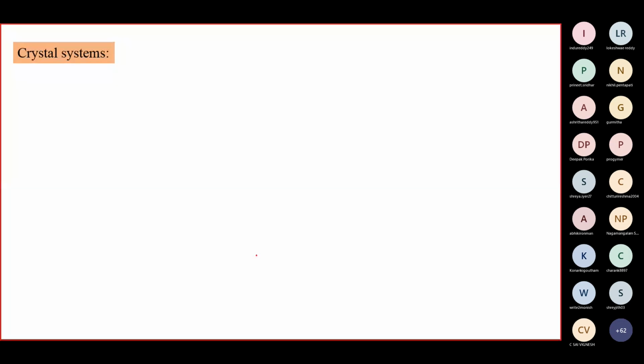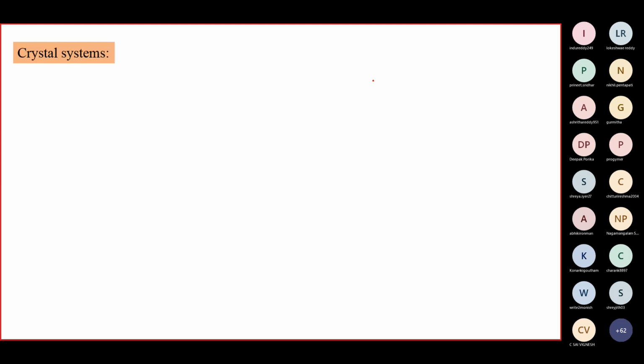So now, based on this understanding of the unit cell, we define different types of crystal systems. See, there are so many materials which crystallize. We have semiconducting materials which crystallize, we have conductors which crystallize, we have some proteins which crystallize. When they crystallize, can we put them into a fundamental group?